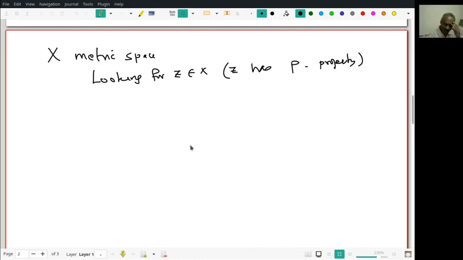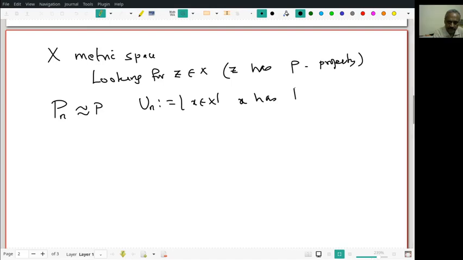That's property P. Now in analysis, most often we may not be able to get the exact element to start with. What we do is we may look for a property Pn which is very close to P, and look for elements which have property Pn. Let us call it Un.